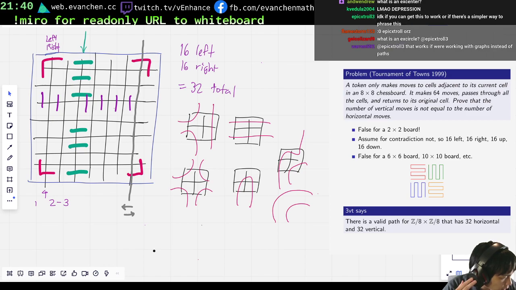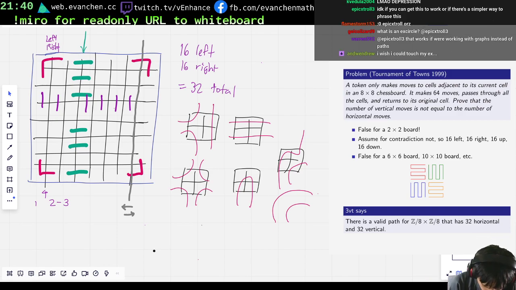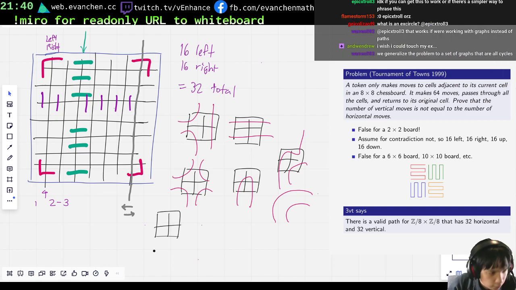Oh, I like that idea a lot. That works if you're working with graphs instead of paths. Well, just treat it as a graph and it's fine. This sounds really good, actually.